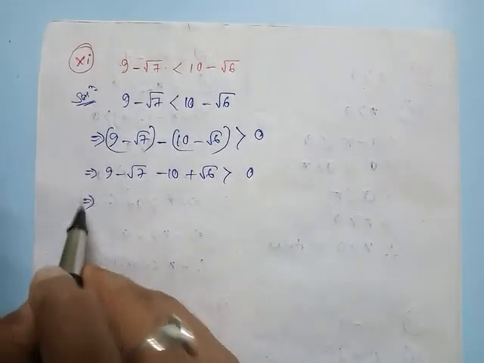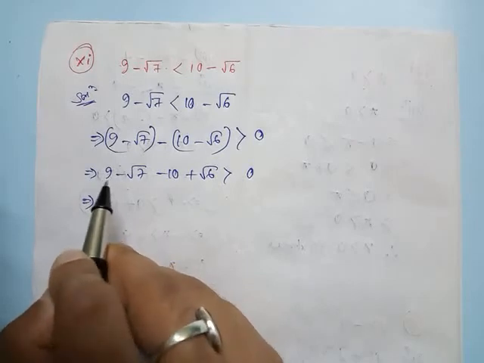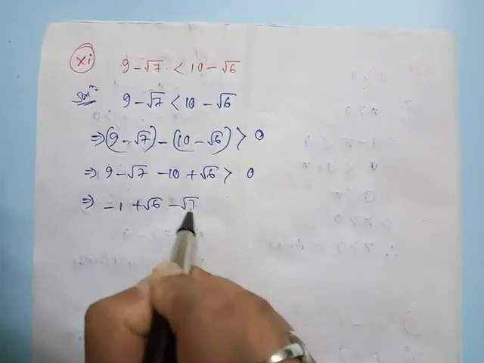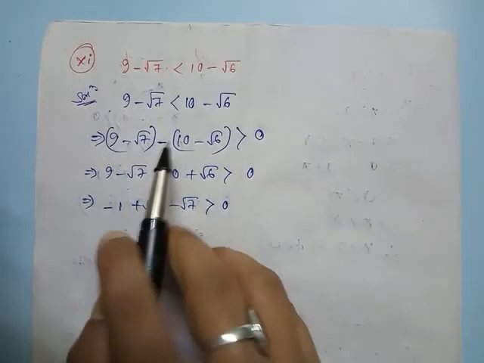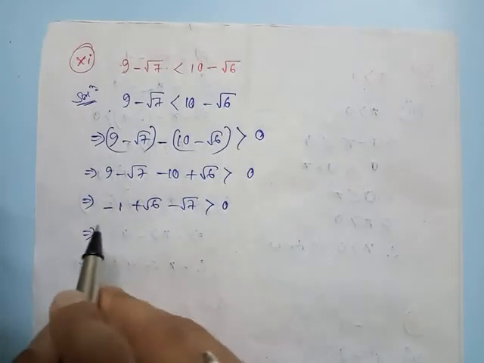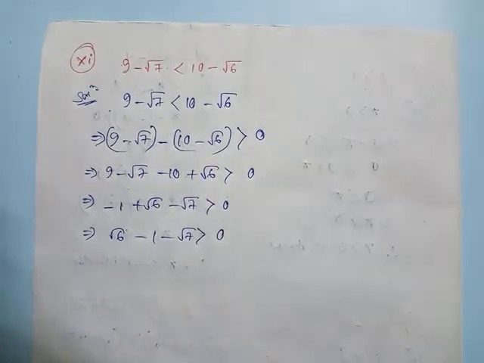So here minus 10 and plus 9 become minus 1, and plus root 6 minus root 7 bigger than 0. So this value I have got from here.